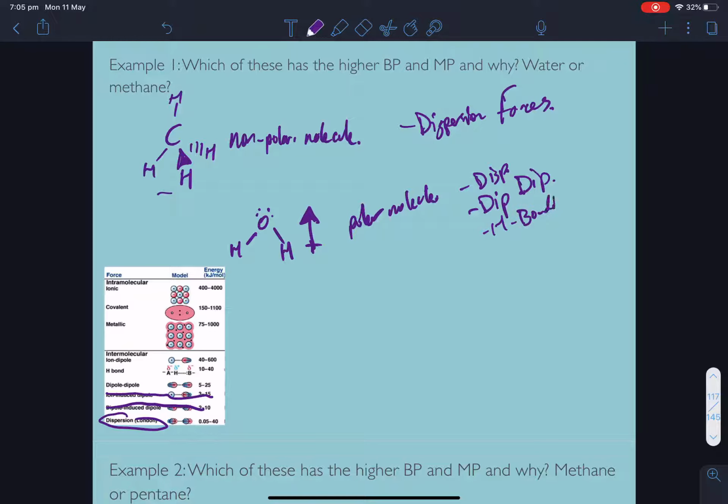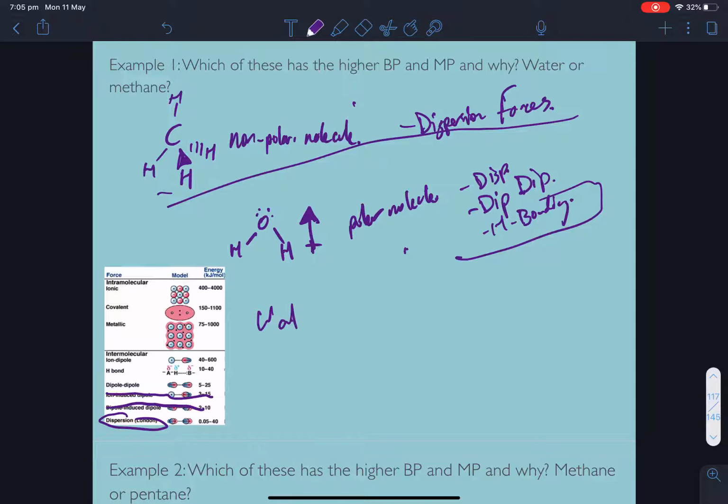I'm trying to be careful with my language because of those misconceptions around hydrogen bonding. Out of these two, methane or water, which has the stronger intermolecular forces? Well, water does because it has dipole-dipole up to hydrogen bonding. So two water molecules stick together much, much more than two methane molecules.